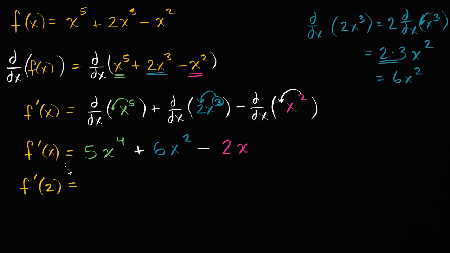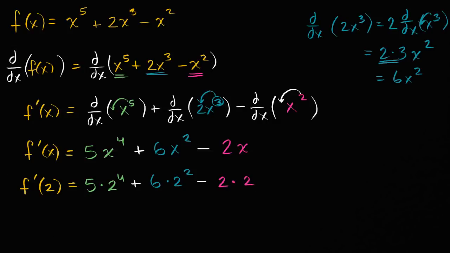So this is going to be 5 times 2 to the 4th plus 6 times 2 squared minus 2 times 2.